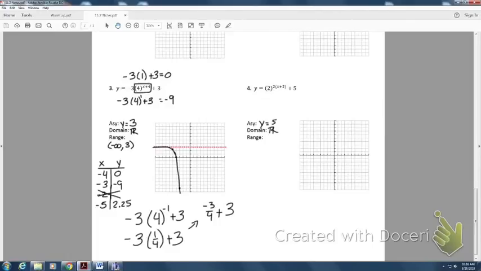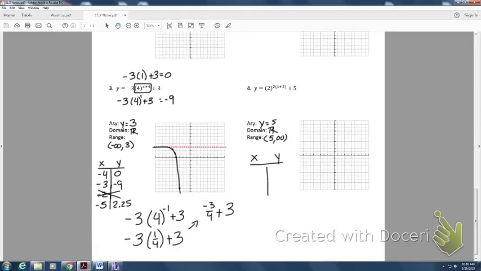Alright, if you want to challenge yourself, especially if you are pre-cal bound, I want you to attempt that while I hand out the homework, and then once I'm done with that, I'll put that answer up there. You were working through number 4.